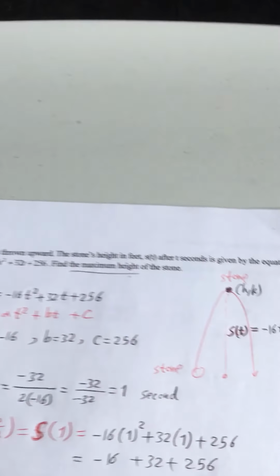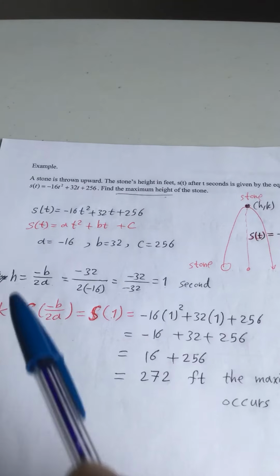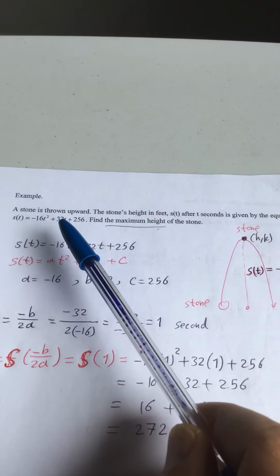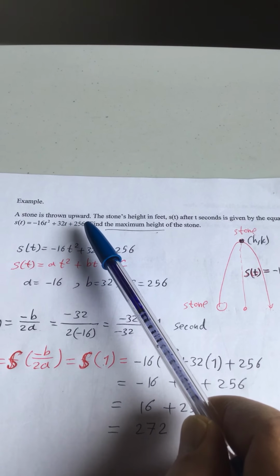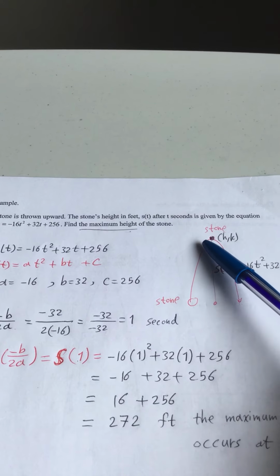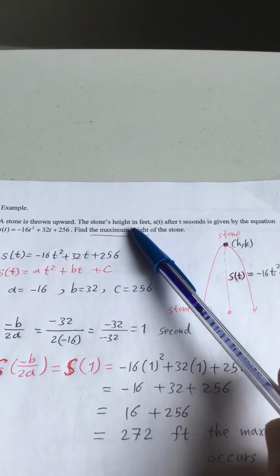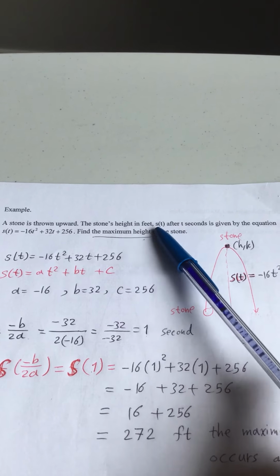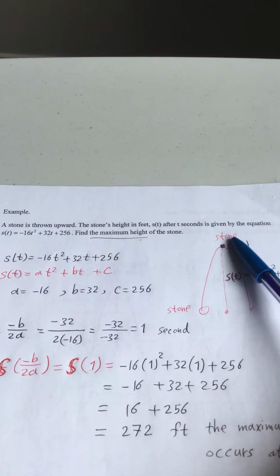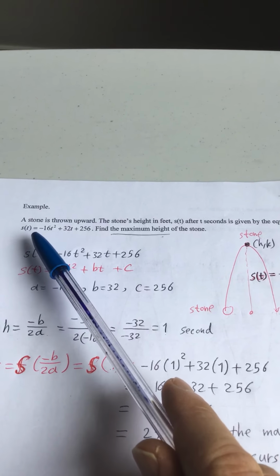For example, a stone is thrown upward. The stone's height in feet, s of t, after t seconds, is given by the equation s of t, or you can say f of t or f of x, the same.